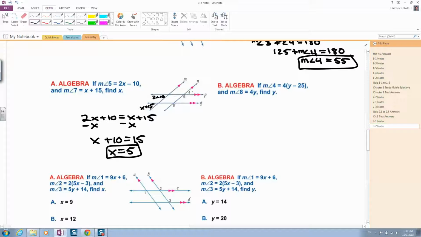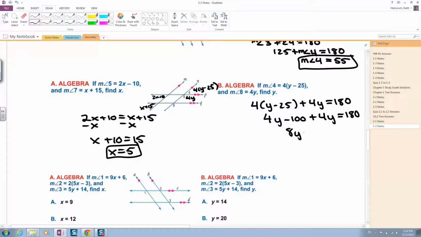Here angle 4 and angle 8 are not corresponding, but 6 and 8 are. So this is 4y, and this is 4 times y minus 25. So these are supplementary to 180. So 4y minus 100 plus 4y equals 180.